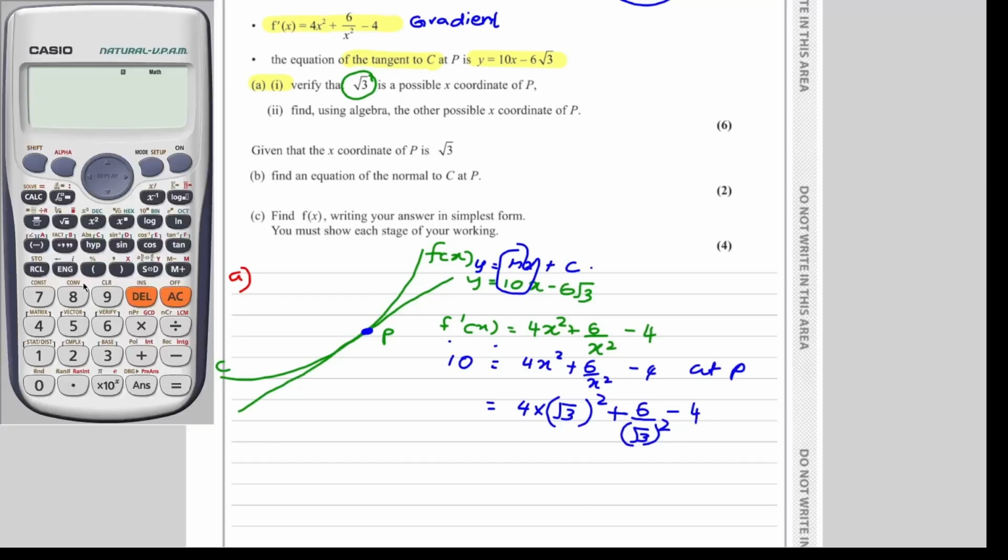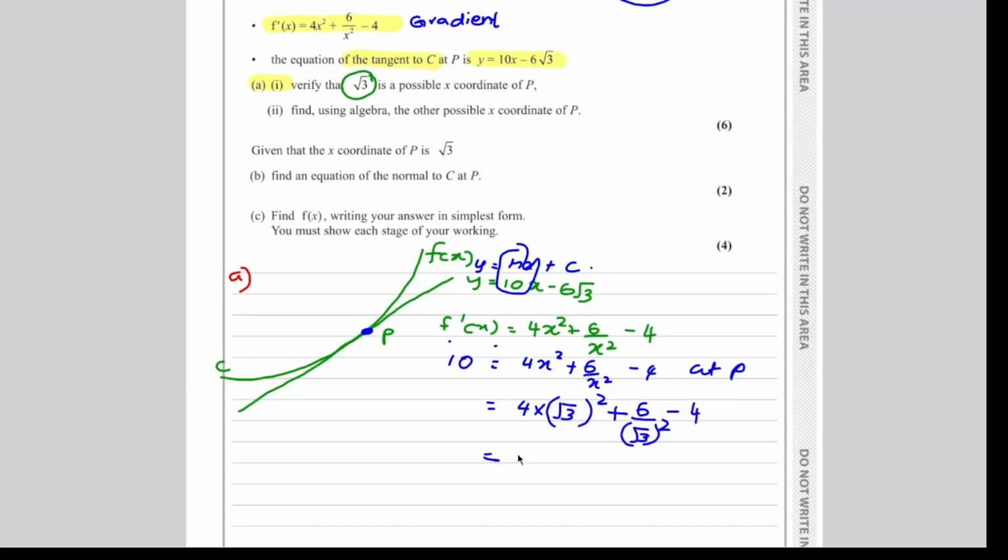So use your calculator. 4 into root 3 squared plus 6 over root 3 squared again, which means 3, minus 4, gives 10, which means root 3 is a possible x coordinate.